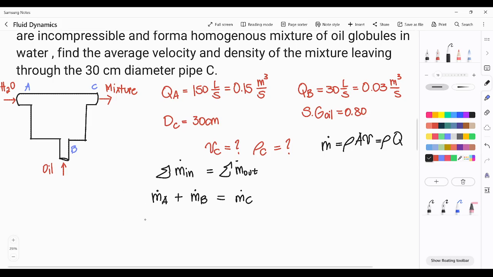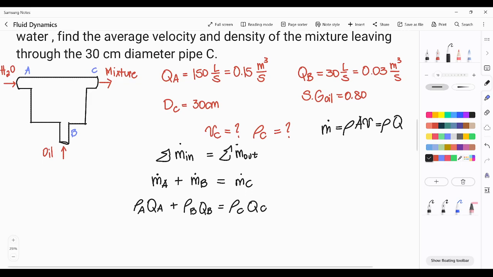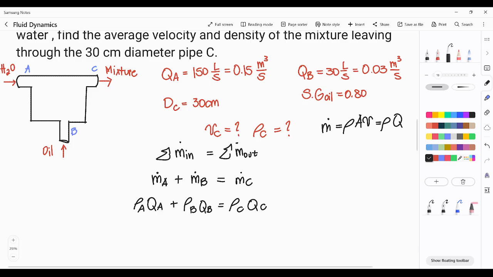So, for A, we have here the density of A times the volume flow rate at A plus the density at B times the volume flow rate at B is equal to the density at C times the volume flow rate at C. Alright. Now, we have at A, ang pumapasok ay water.